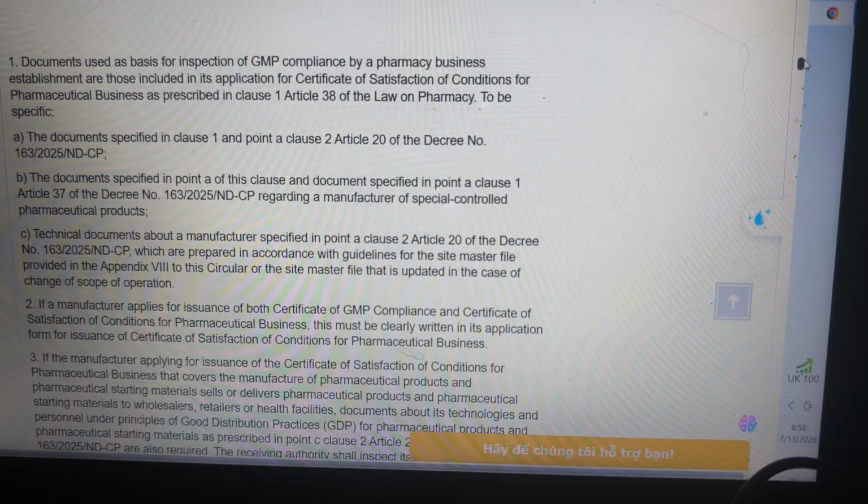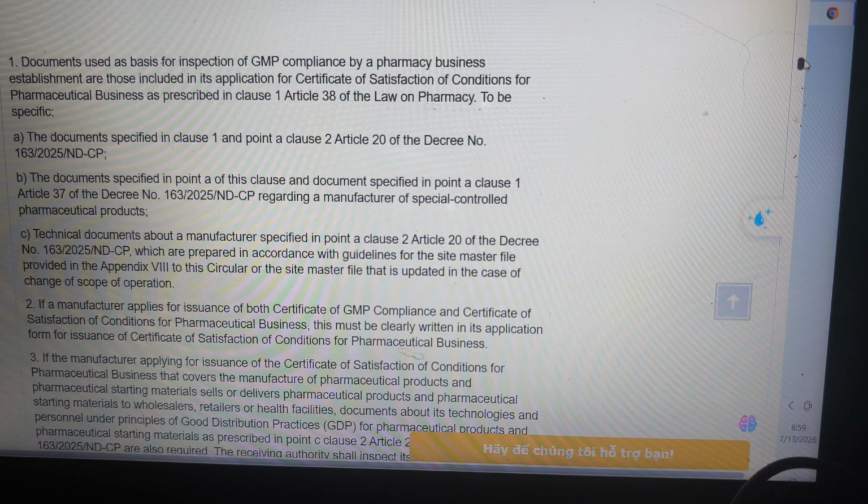Number one, documents used as the basis for inspection of GMP compliance by a pharmaceutical business establishment include the application for certificate of satisfaction of conditions for pharmaceutical business as described in Clause 1, Article 38 of the Law on Pharmacy.